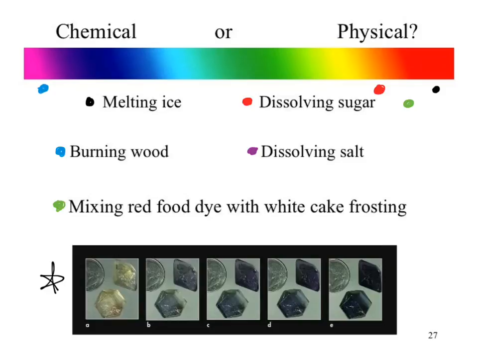What type of reaction is dissolving salt? Chemical or physical? We're getting a lot of gray area in here. Why? Well, we already addressed this. The formula for salt, sodium chloride. Anybody know the formula for sugar?